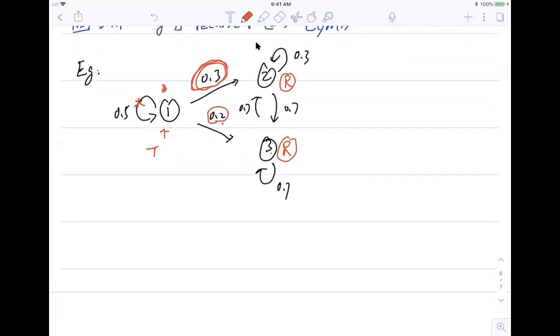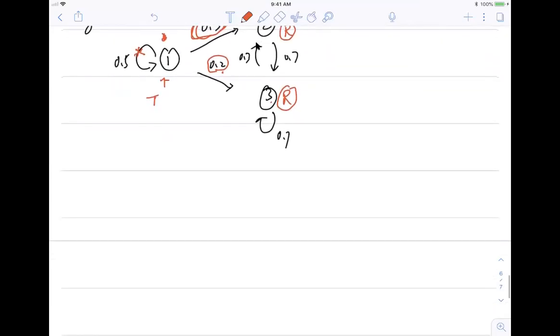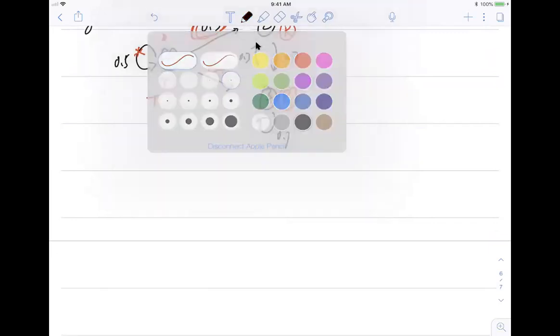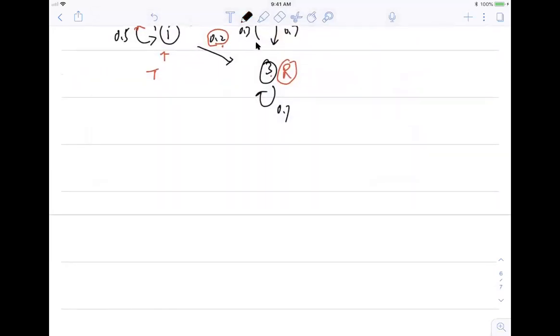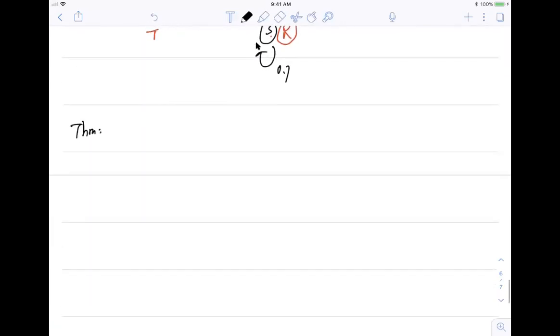Following this, let me show you another theorem. With this theorem, we can find recurrent or transient states. This theorem is very useful. Basically, it makes the previous intuitive argument rigorous.